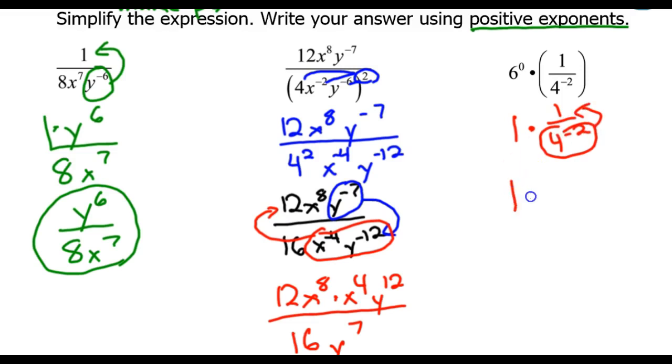So it'll be 1 times 4 squared. I can do 4 squared pretty easily, which is 1 times 16. 1 times 16 gives me just 16. All right, so we just have 16 for this.